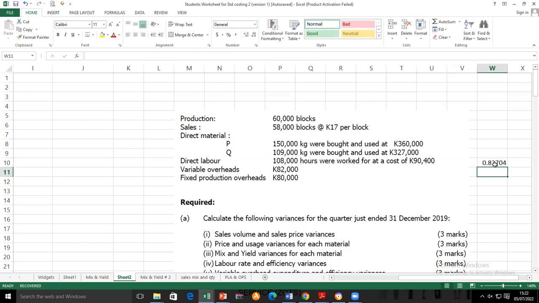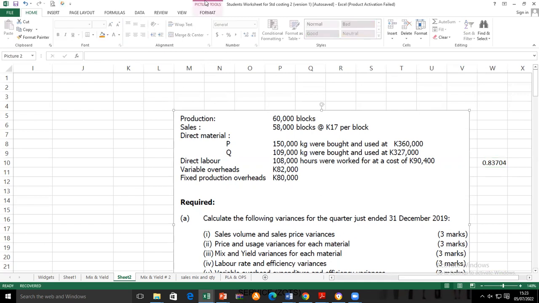So you see, when the question is like this, if you round off, you get a small difference. So you leave it as a fraction. What do I mean?